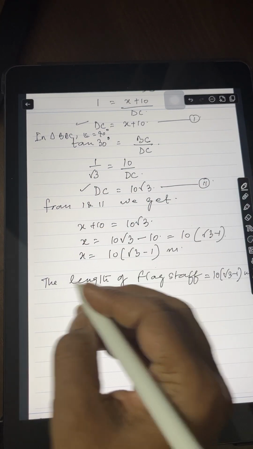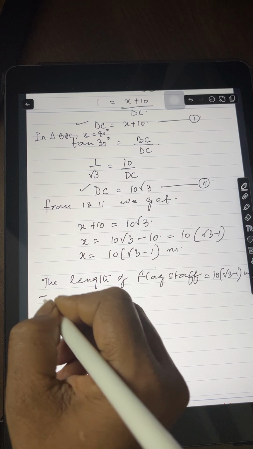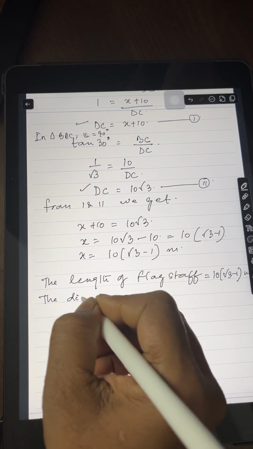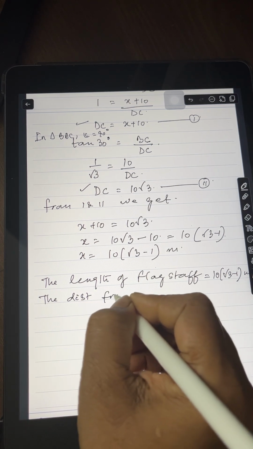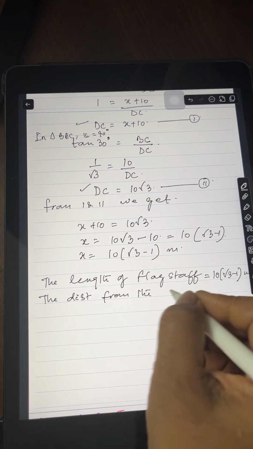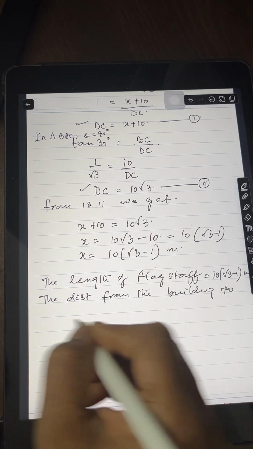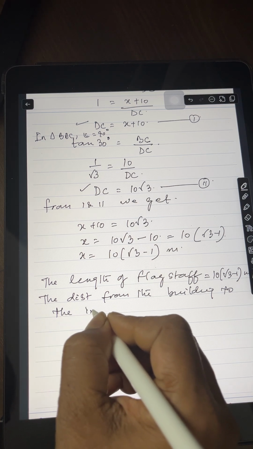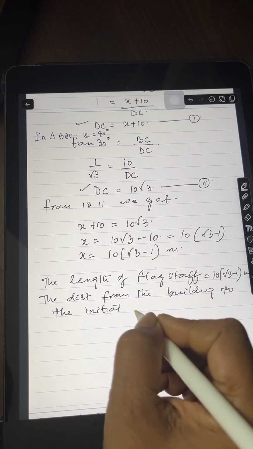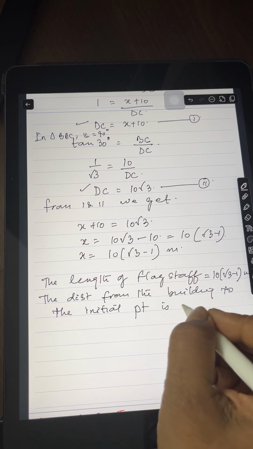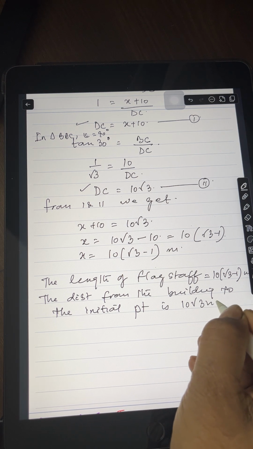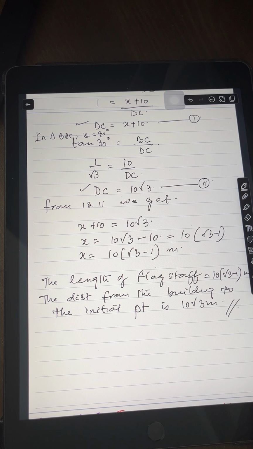So you can say here the distance from the building to the initial point is 10 root 3 meter. Okay, this is your answer.